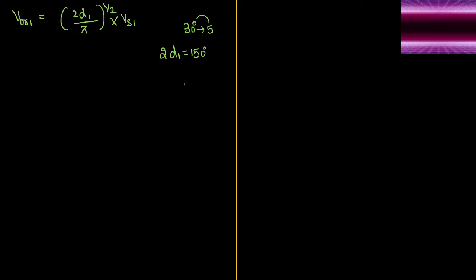So 5 times 30 will give you 150 degree. That is the overall pulse width in the case number 1. And supply voltage is already clearly given in the question, that is 200 voltage. If I substitute all those values, it will be 150 degree divided by pi whole power 1 by 2 into supply voltage 200 voltage. This is V naught RMS 1. Treat this one as equation number 1.